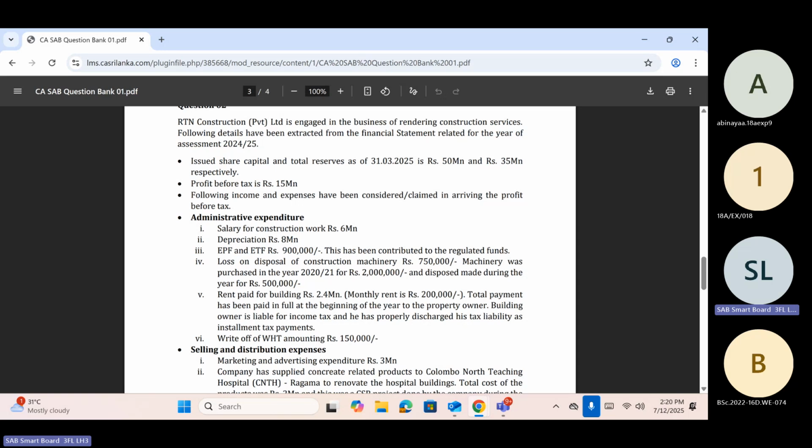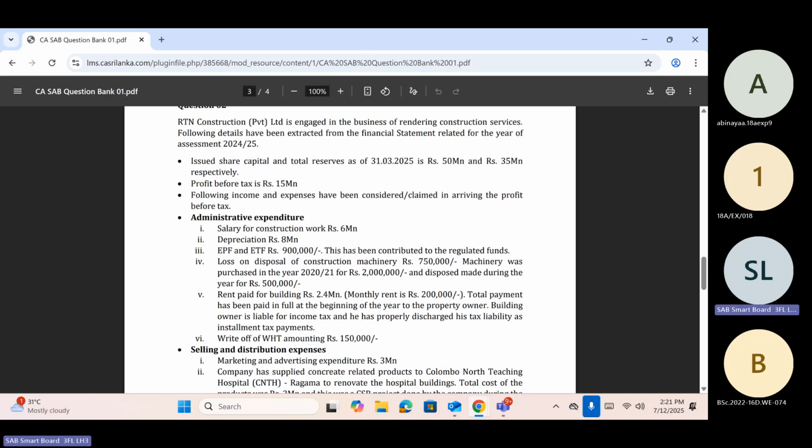Other than that, all assets over a period of 5 years. Depreciable asset, right? So 5 years. Then it has been acquired in 2021. In 2021 they would have claimed capital allowances.